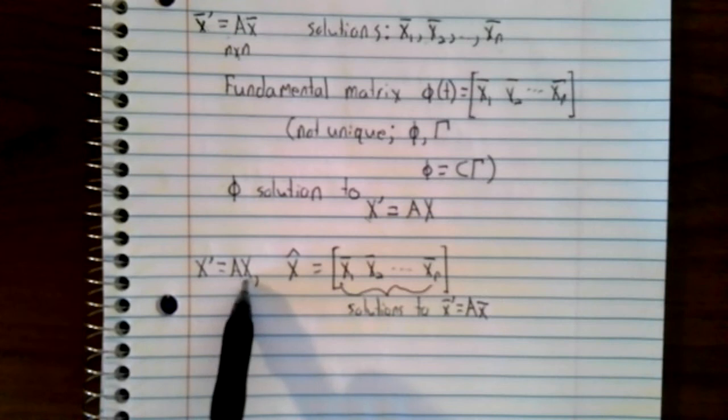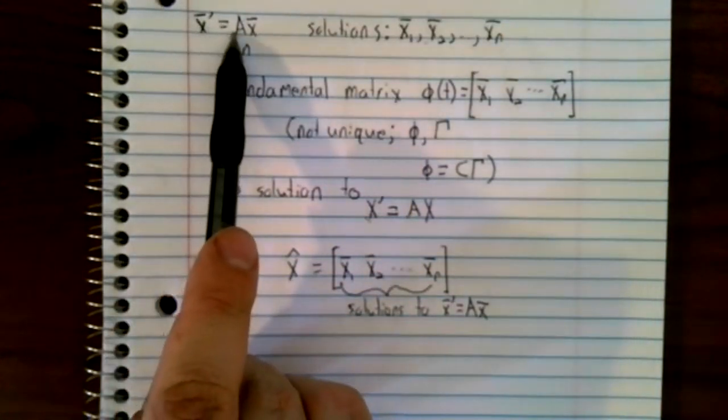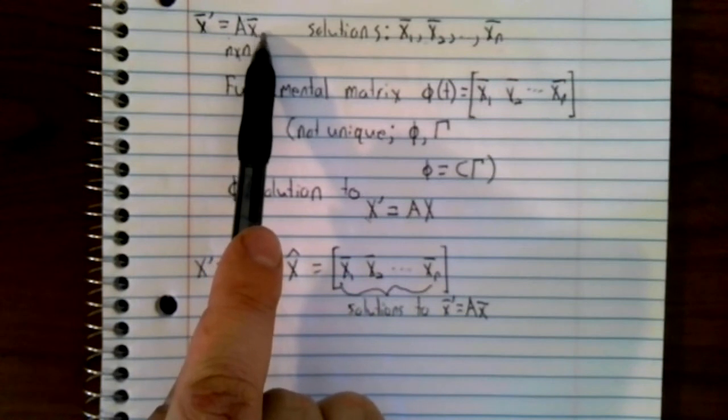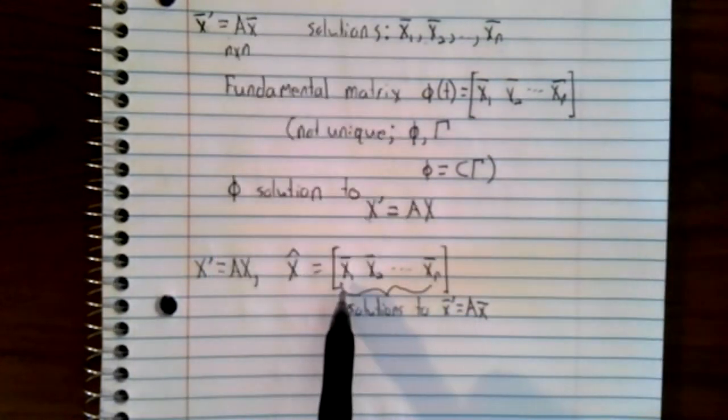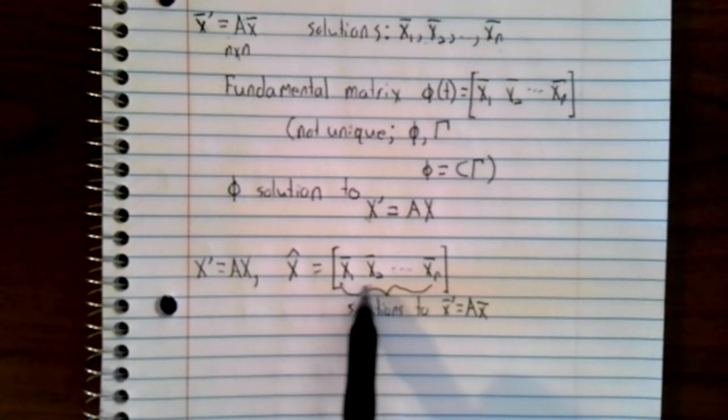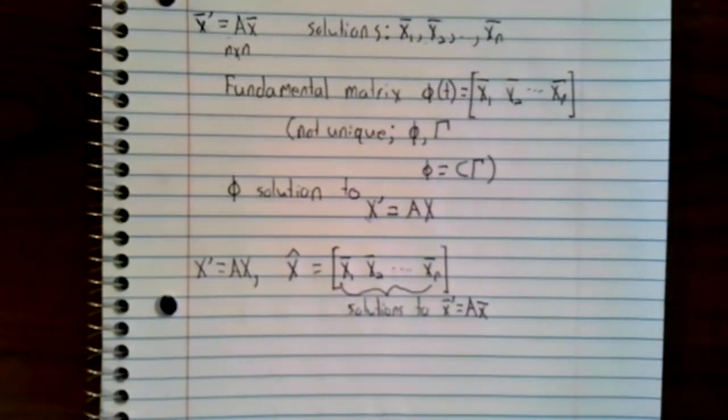And if we can solve a matrix differential equation, we can solve the corresponding vector differential equation. Take the linear combinations of these columns. Therefore, solving matrix differential equations is equivalent to solving vector differential equations. We do not need special techniques.